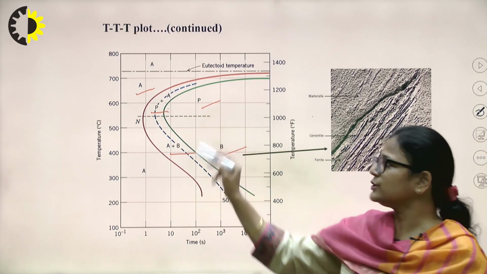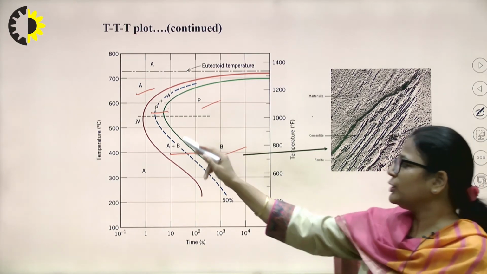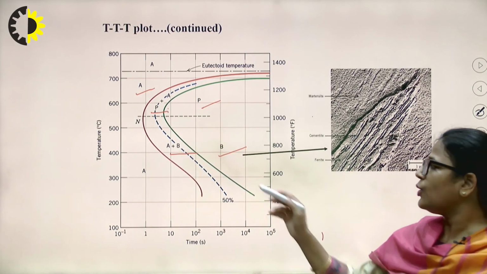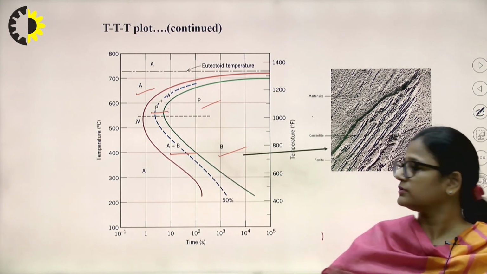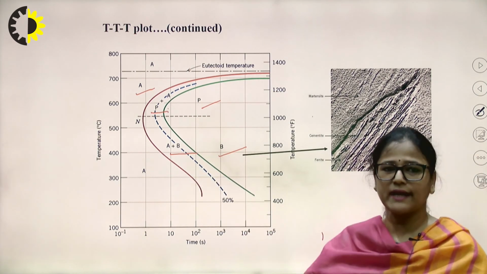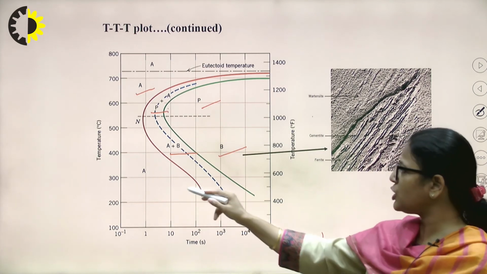And below this nose, up to 220 degrees centigrade, on the left side of the red curve, the transformation start curve, only austenite will exist, which is the unstable austenite.